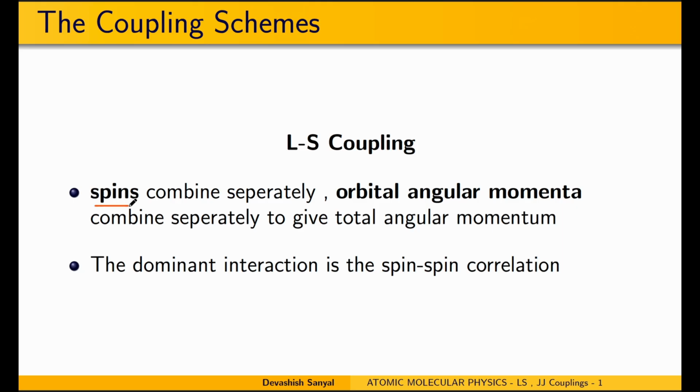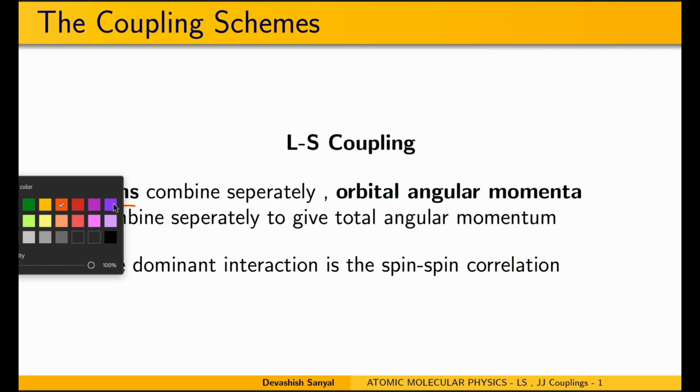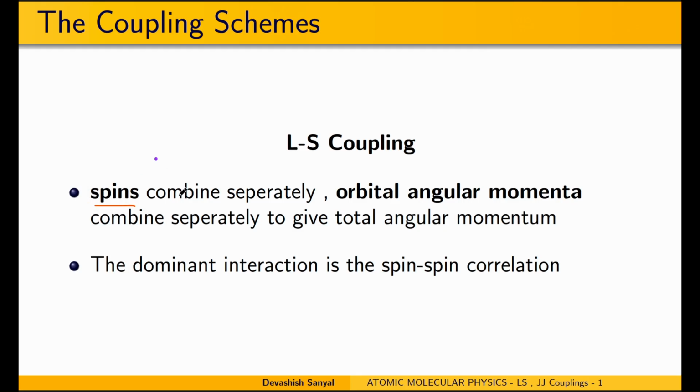You have the spins. Let's change the color today. So in LS coupling, the spins combine separately. If there are many electrons, the spins combine separately, and then the orbital angular momenta combine separately, and then these two combine to give the total angular momentum.